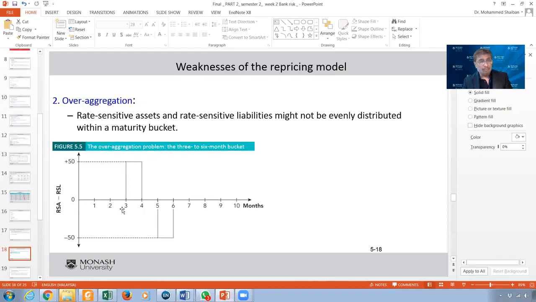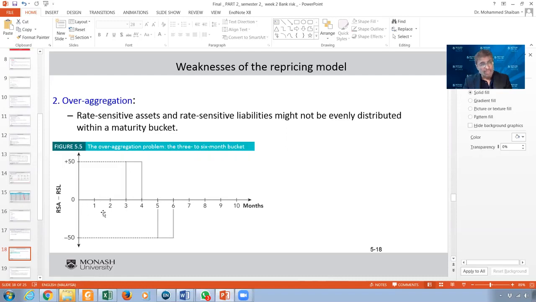There are no gaps here. Looks like there are 0 gaps. Here there is one gap, which means plus 50. Month 4, there is another gap of 50. But then month 5 is minus 50. 6 months is minus 50. If you look at them, it looks like this one is actually a 0 gap.